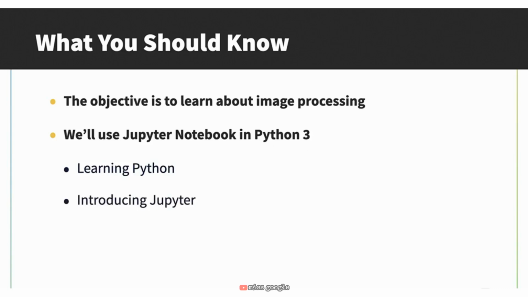If you're new to Jupyter notebooks, you will probably catch the basics in this course. But if you'd like to learn more, I recommend the course titled Introducing Jupyter. And lastly, to get your system up and running, you'll need to install the Anaconda distribution and OpenCV for Python 3. Don't worry, I'll show you how in the next videos.